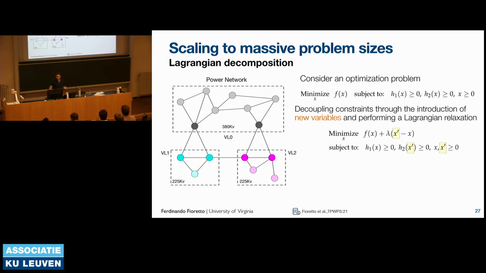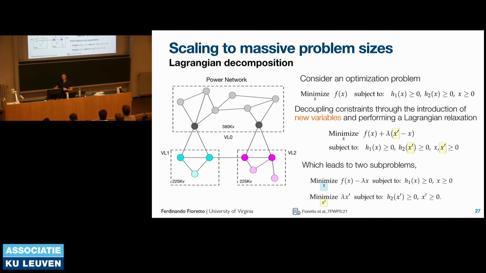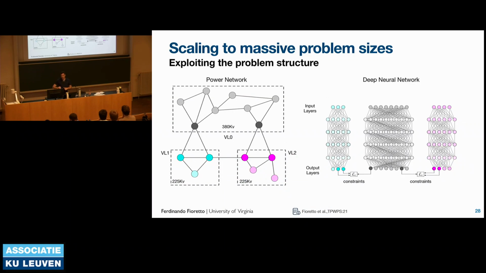Then you simply add an equality constraint so that those new variables that you have added, those x primes, will match the original variables. Once you do that, this leads to two new subproblems that are loosely coupled, and you can solve them independently, with basically only one constraint that you need to match, that equality constraint. So we can emulate this process here.